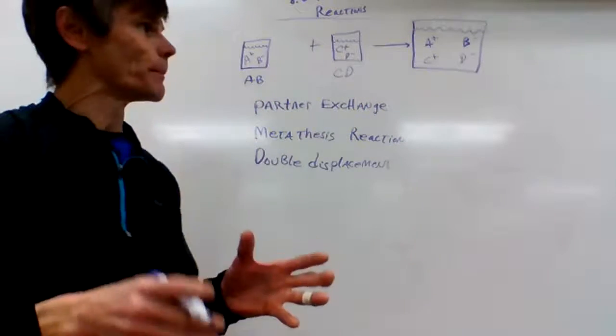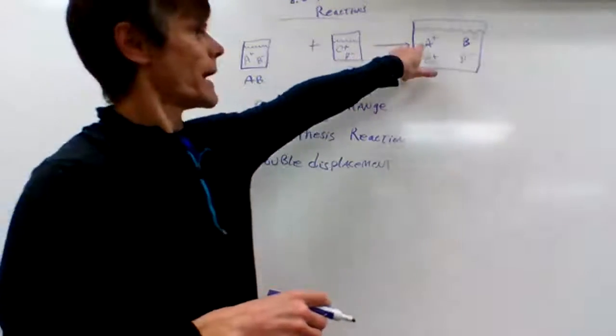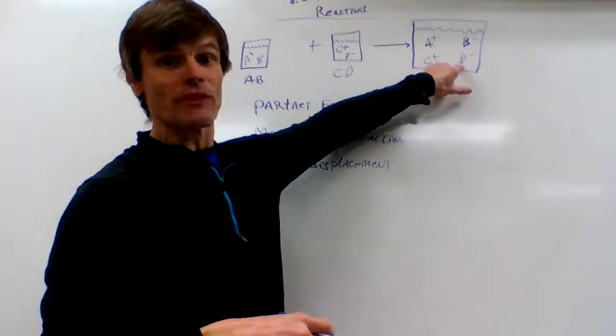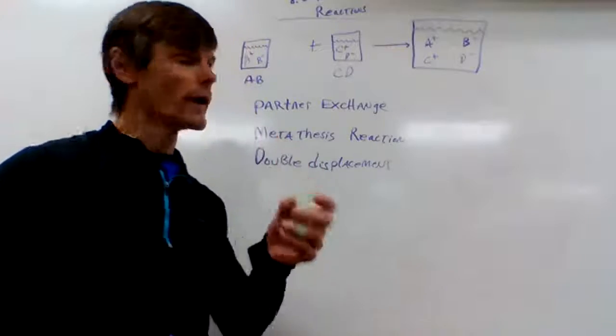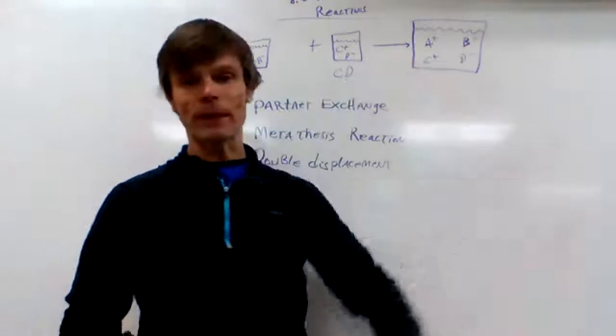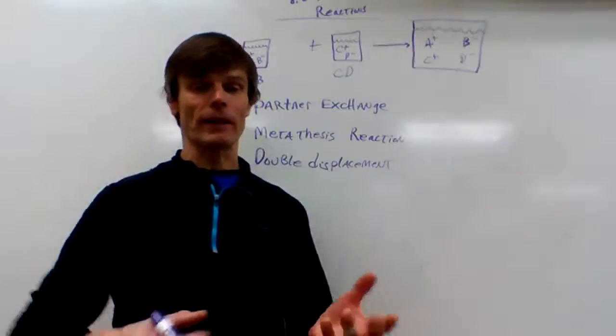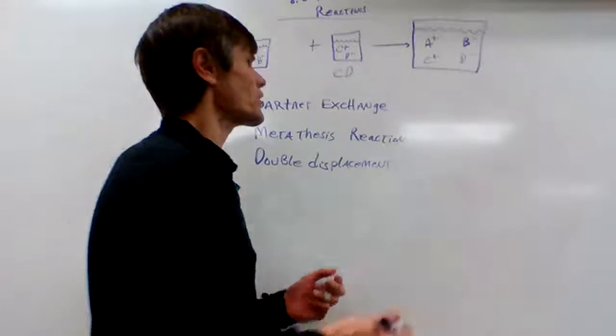What we're thinking about is, would A have the propensity to combine with D to form a precipitate? Or would C combine with B to form a precipitate? That's the partner exchange we're looking at.